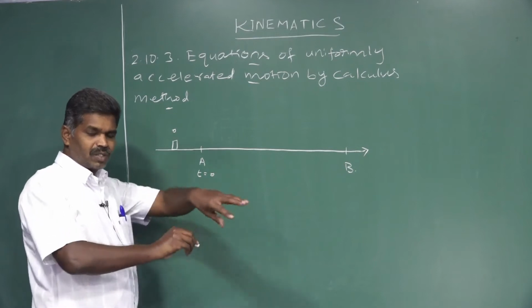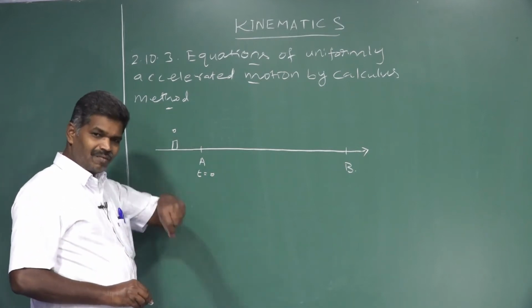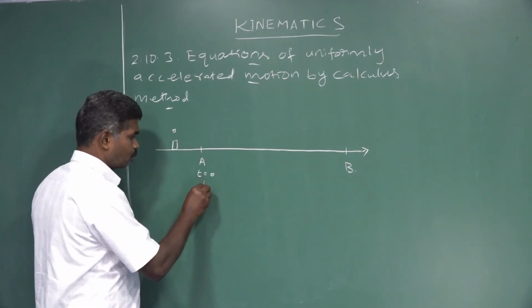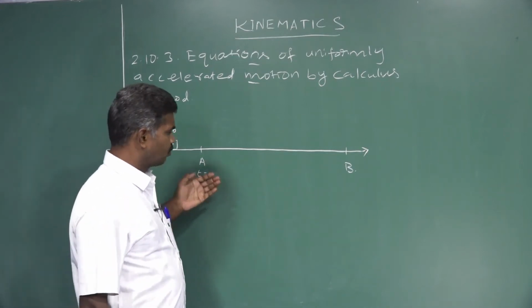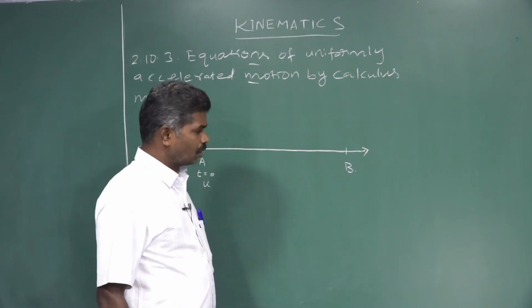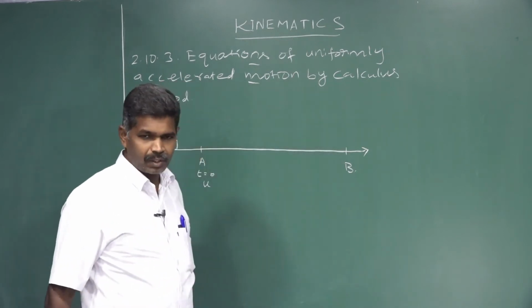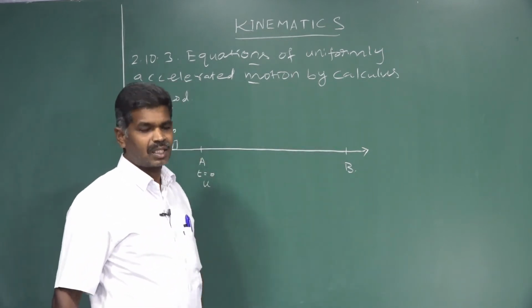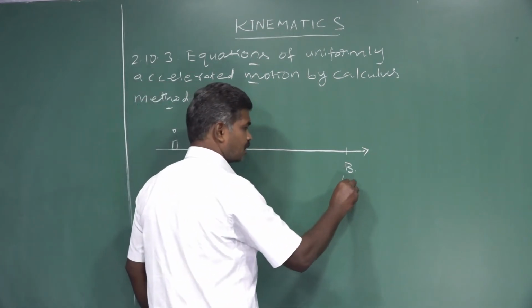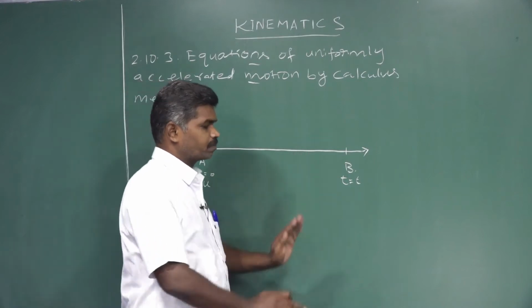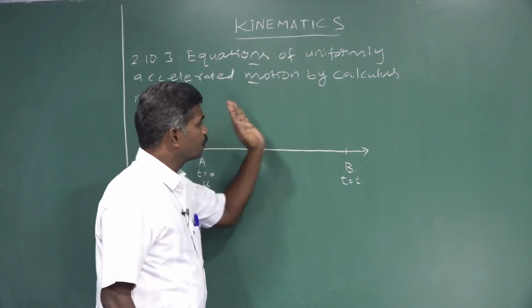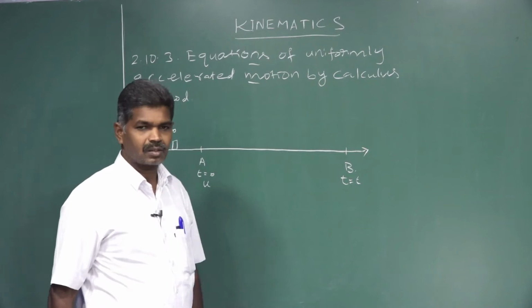There, because of its motion, we have a velocity for the object, u velocity. And it moves from A to B. At the time of reaching the point B, it will take certain time. So t is equal to t. Time to move from A to B can be taken as t.